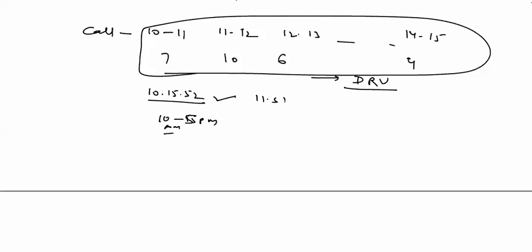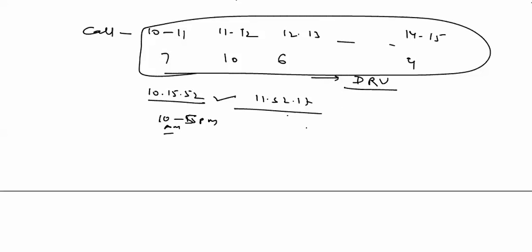At 11 o'clock 52 minutes 17 seconds, one call occurs. Details of the call are 7 minutes, 2 minutes, 3 minutes, and so on. This type of presentation is known as CRV, continuous random variable. DRV and CRV.